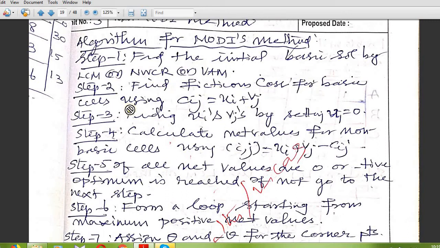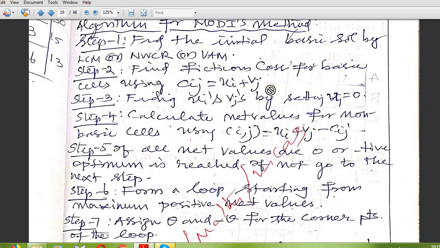Basic cells means the allotted cells, where the number of items we are allotting to go from one place to the other. For that we have to find the so-called fixed cost. Fixed cost means Cij equals Ui plus Vj.